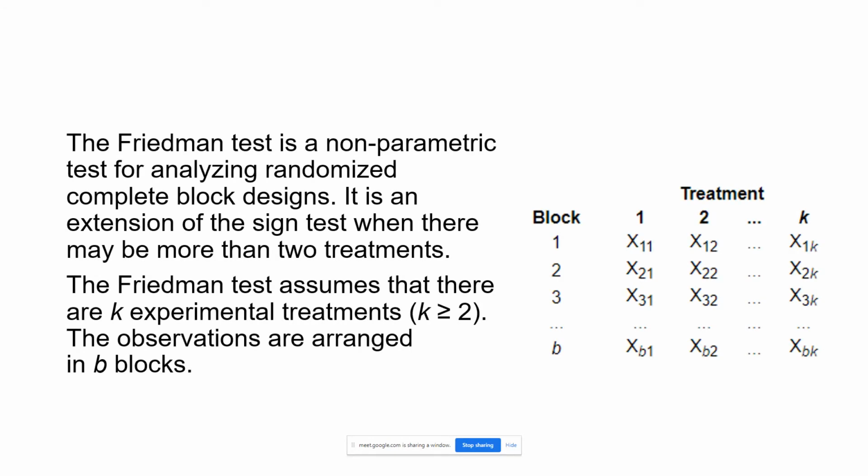So the Friedman's test is a non-parametric test for analyzing randomized complete block designs, or simply the randomized block design. It is an extension of the sign test where there may be more than two treatments. The Friedman's test assumes that there are k experimental treatments, where k is greater than or equal to 2.